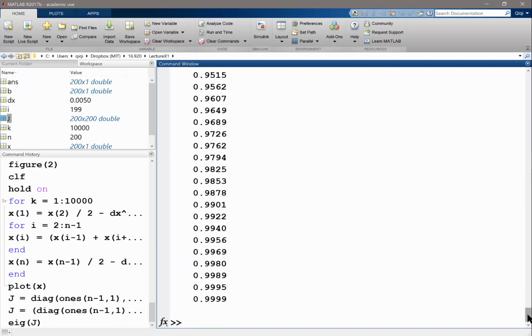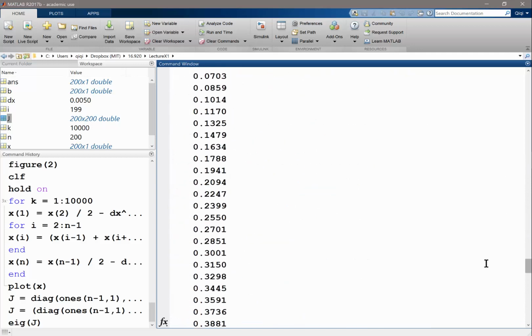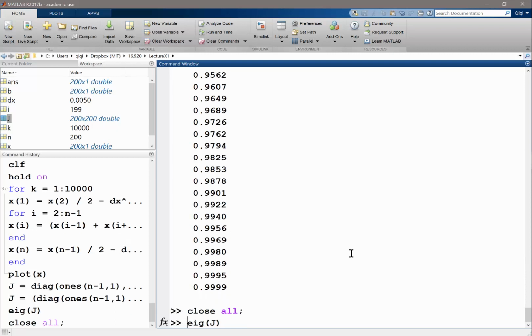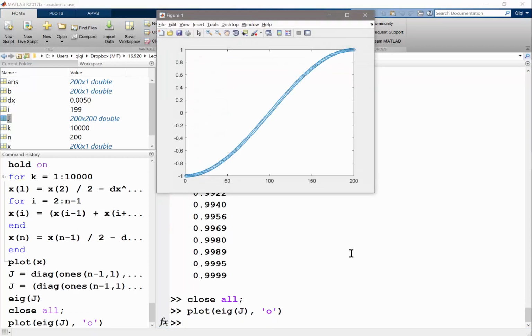That gives me all the eigenvalues. Let's actually plot it, so let's plot eig of J to see what it gives me. So it gives me a range of eigenvalues, right?